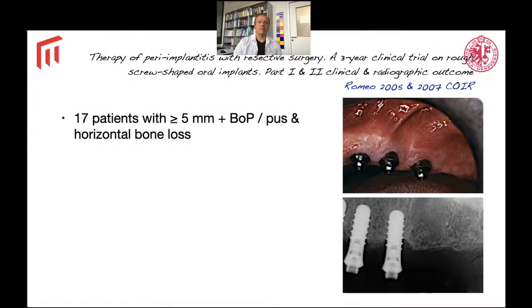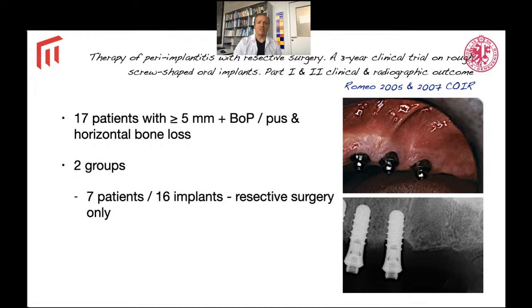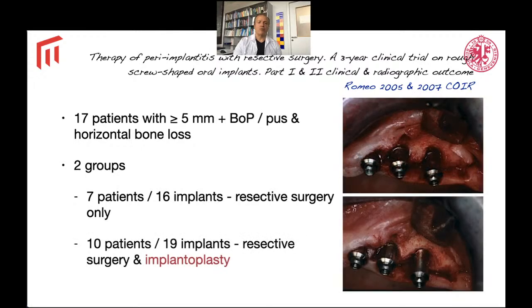This RCT study from Italy is actually the only RCT looking at this treatment approach, where patients with implants with a roughened surface were divided in two groups. One group received the classic open flap debridement approach, a little bit of resective surgery. The other group also received implantoplasty, where the threads and the surface were removed with diamond burs and polished with silicone polishers.